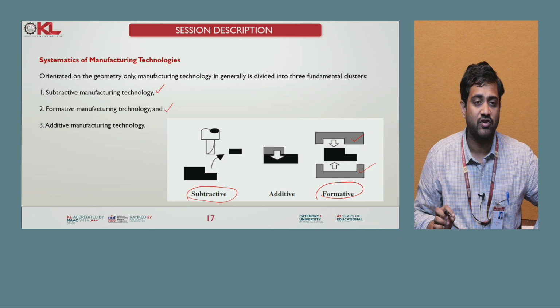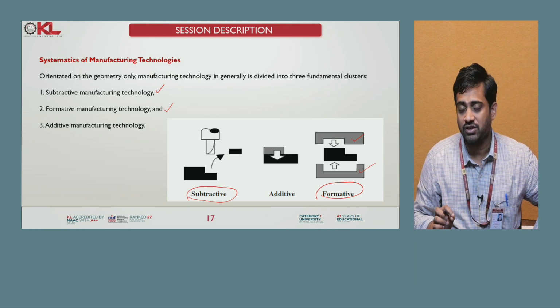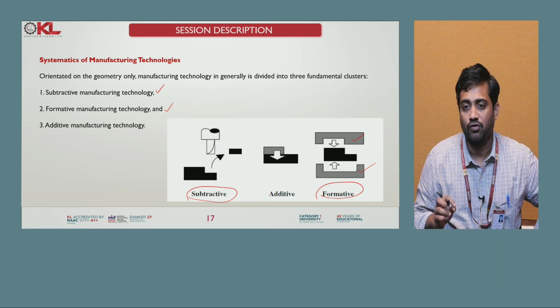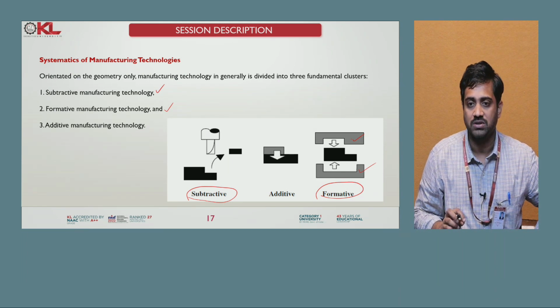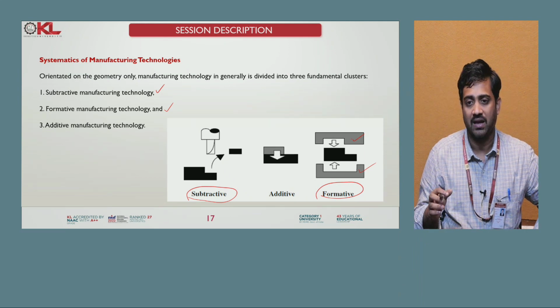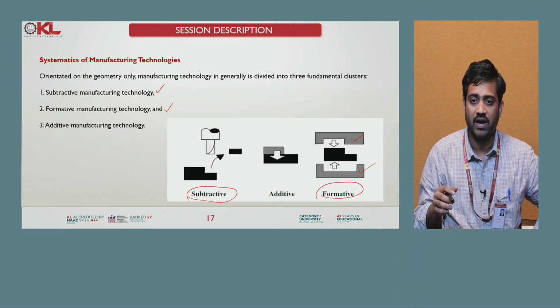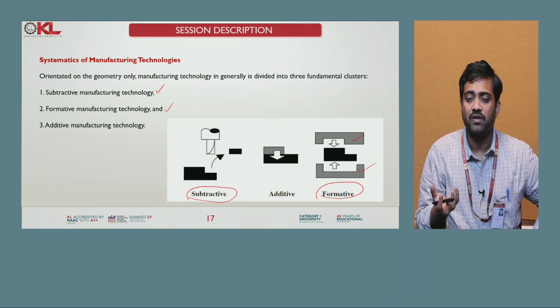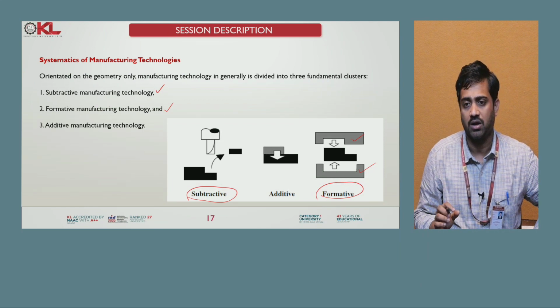The examples that come under formative manufacturing technology are the bending process, forging process and rolling process. Here we are just shaping the given part by applying some external force, so that the shape of the object changes as per the applied load.